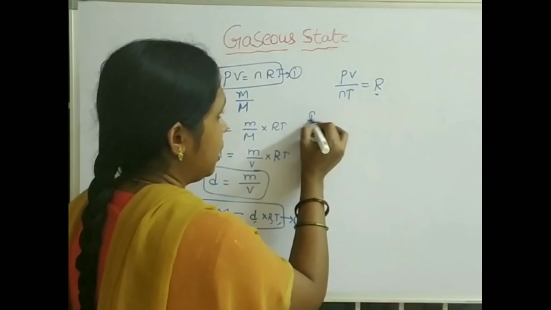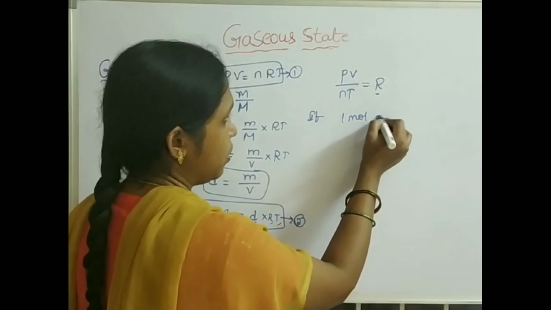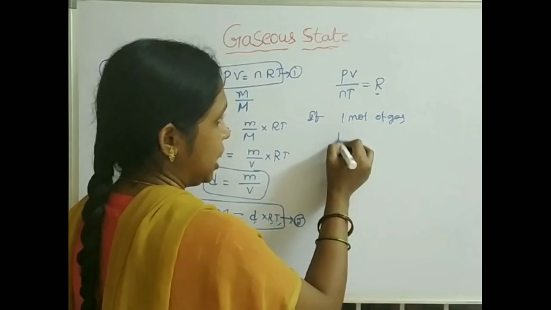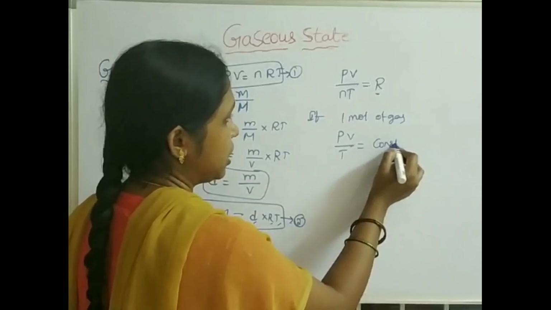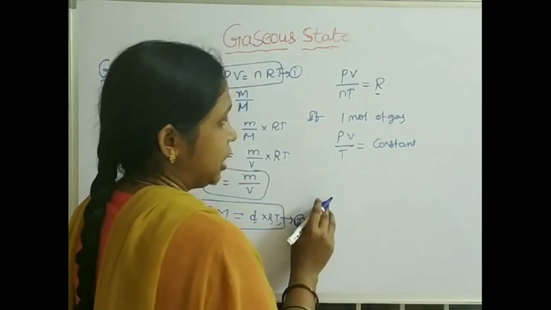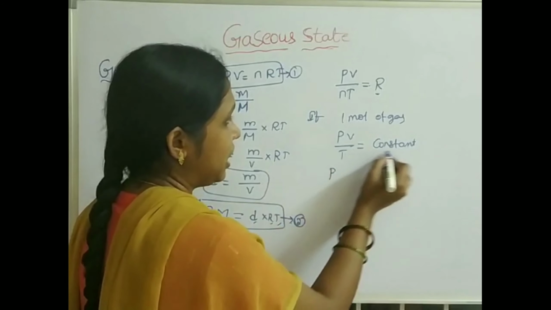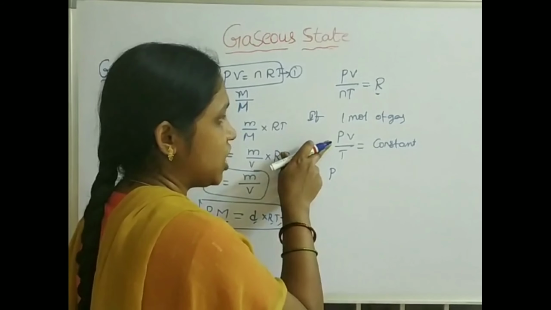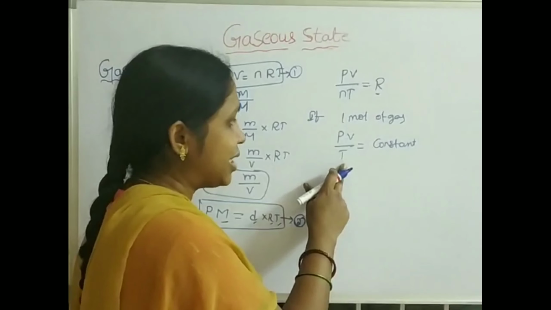If we take 1 mole of gas, PV by T is equal to a constant, that is R. That means PV by T is always constant. If you change the pressure, the volume of the gas also changes and the temperature of the gas also changes.